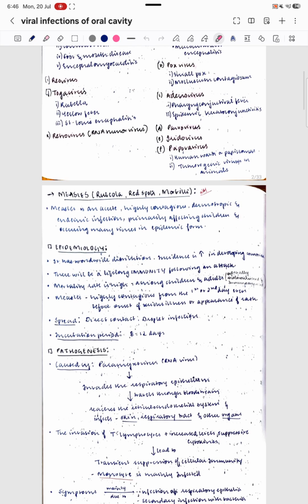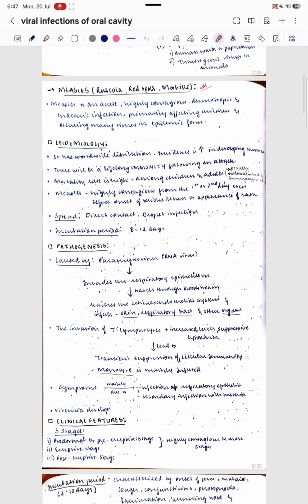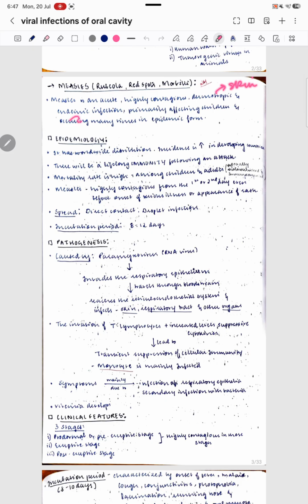Now, measles. Measles is an acute, highly contagious disease. It is dermotrophic, that is, it affects your skin, and it is an acute, highly contagious infection.